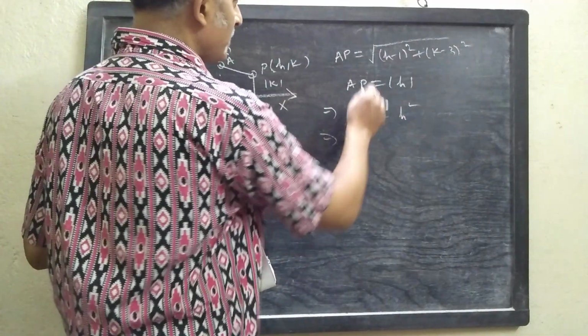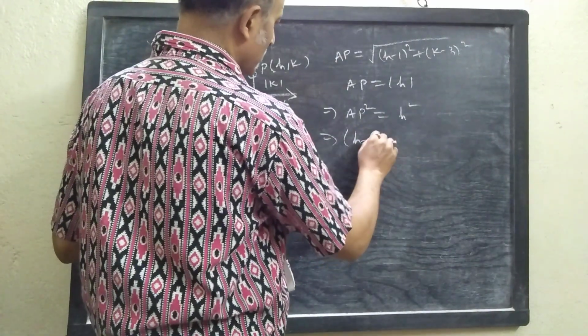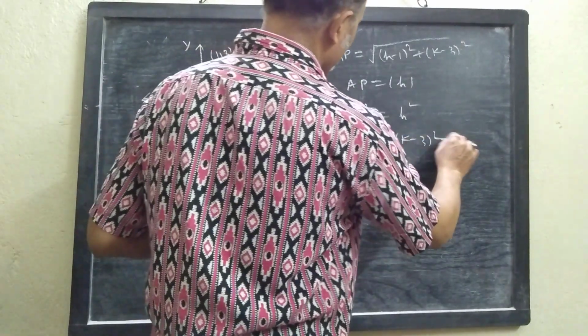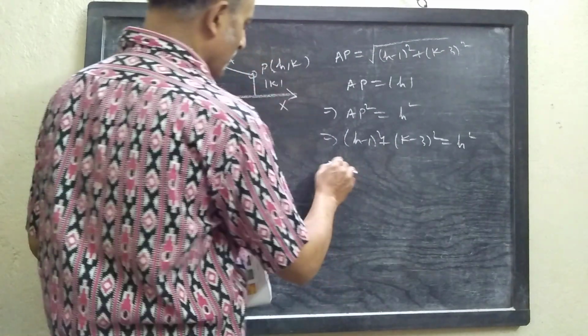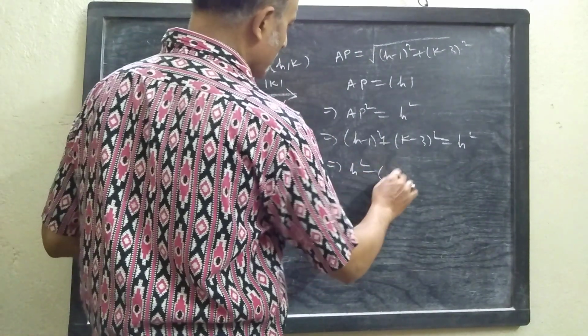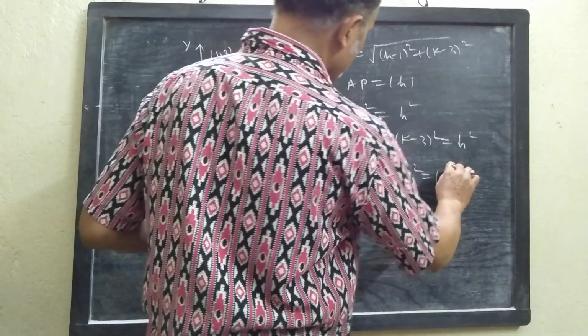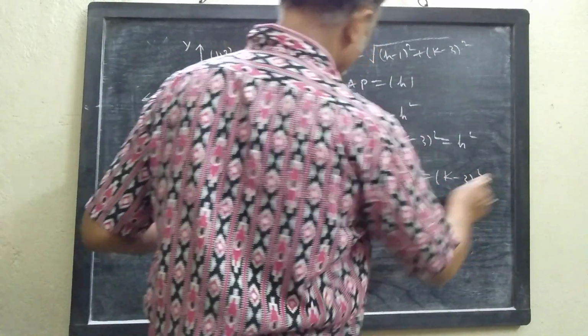Now AP square, this will be (h minus 1) whole square plus (k minus 3) whole square equals k square. Then k square minus (k minus 3) whole square equals (h minus 1) whole square.